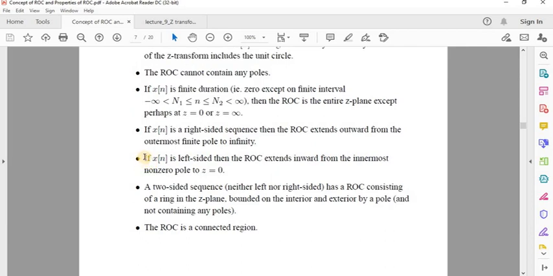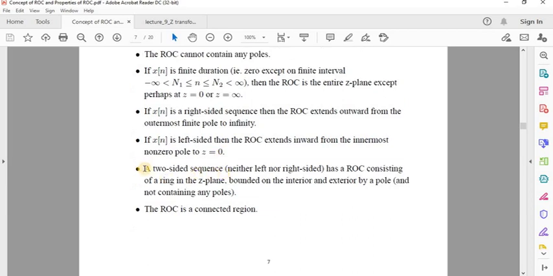The next property is, if x of n is a left-handed sequence, then the ROC extends inward from the innermost pole to z equals 0. We have already seen, if our sequence is left-handed, a negative sequence, then the ROC is inside the pole to z equals 0.